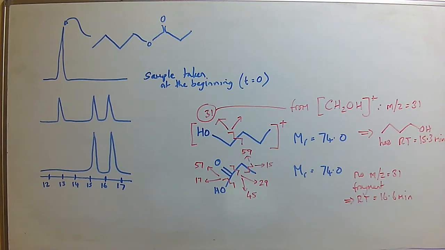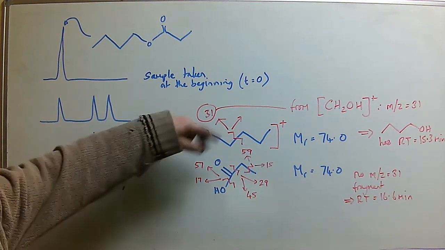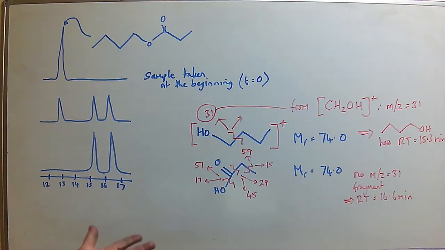And so in that case you have to think about the fragment. But it's just remembering only single bonds can break in our analysis of fragments. So if you just go through and look at the possibilities, you can work out whether you can account for a particular mass. So that gave you your answer as to which one was which.